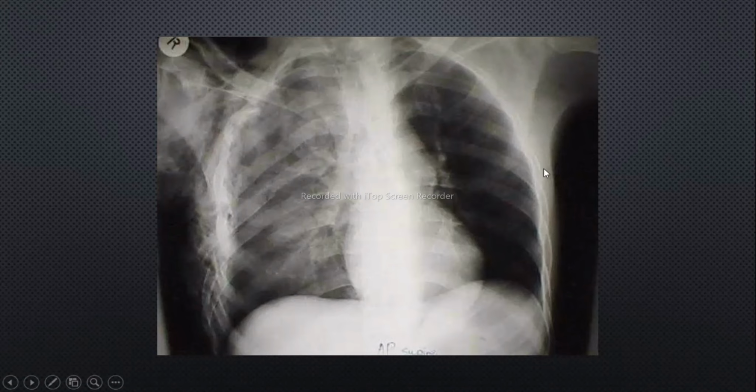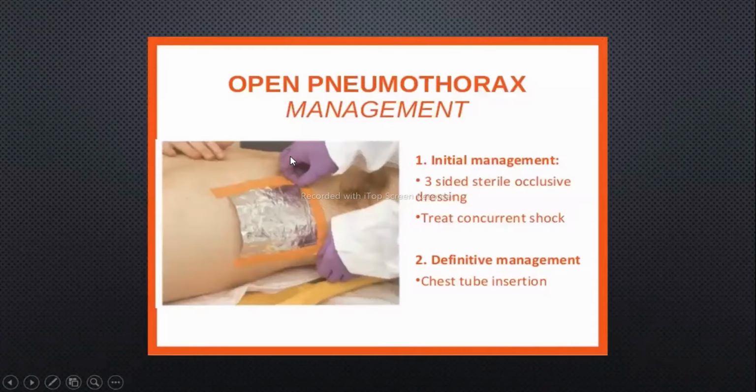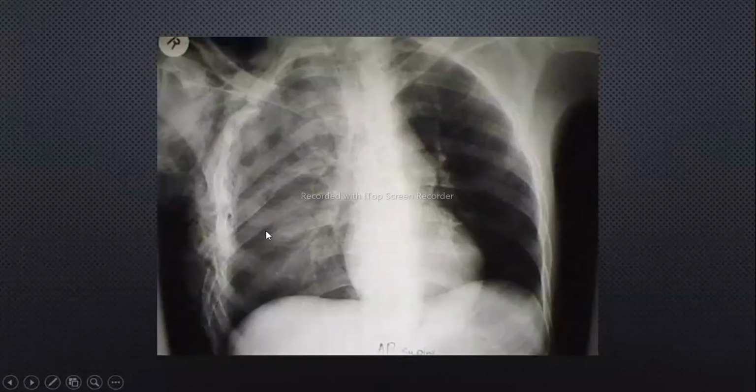Can you see here it's clear, here it's black. And here, is it a complete opacity or some opacities? Some opacity. Can you see the difference between this one and this one? So it's called lung contusion. It means lung injury with some bleeding inside. That's why you can see some opacities.